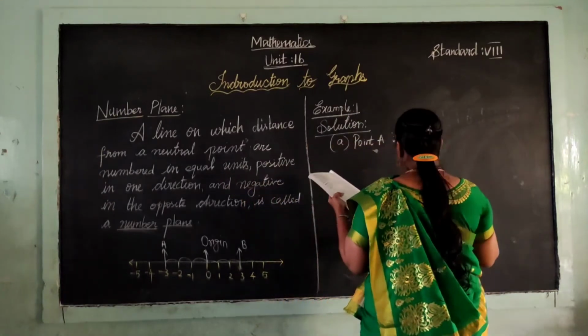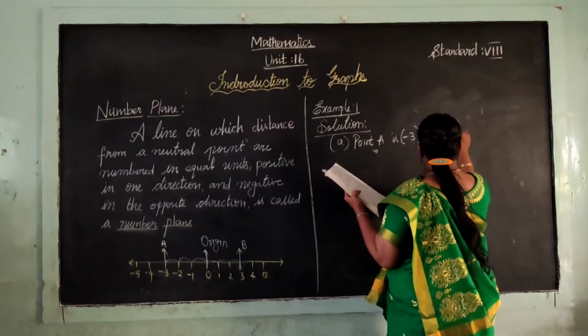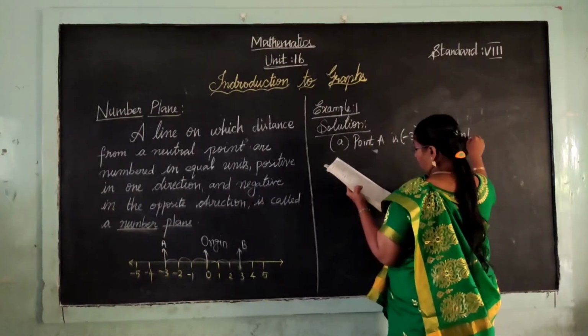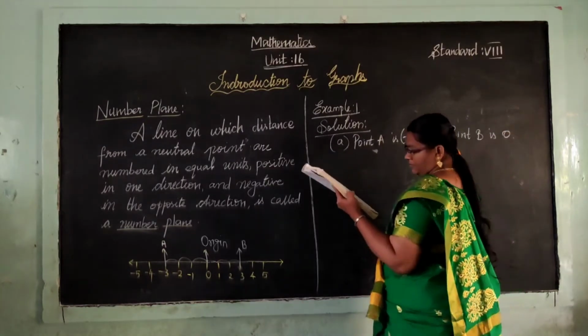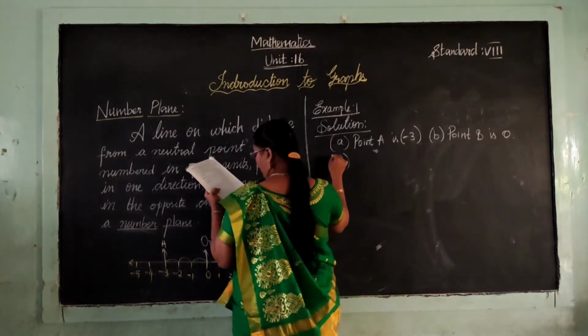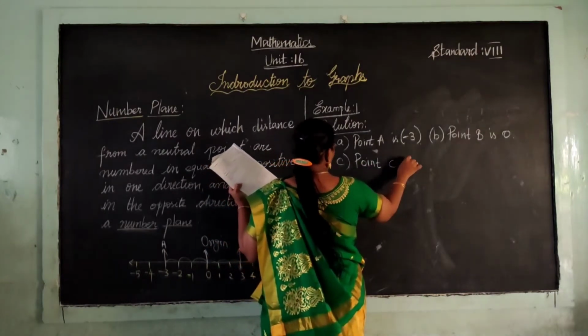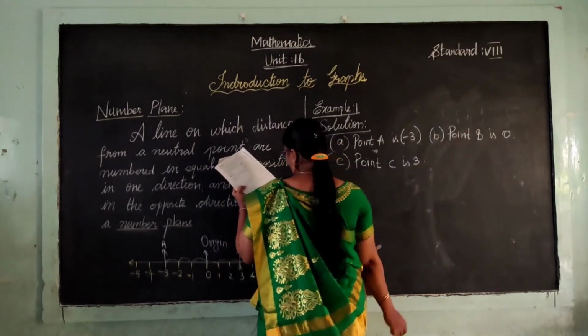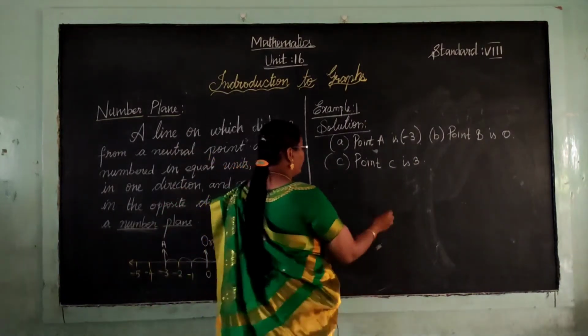Okay, and next one, point B is 0, and point C is 3. Okay, so first we have to draw the number plane.